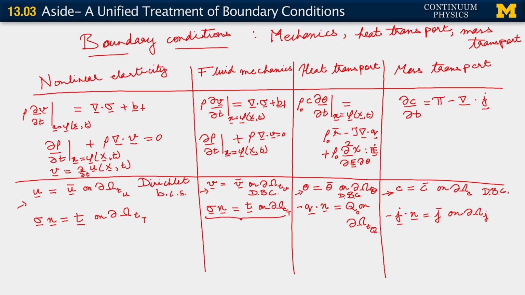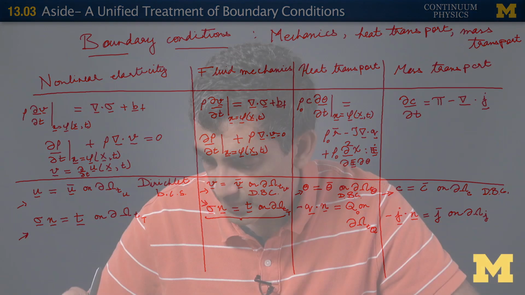And then we have a condition on a variable that is obtained through a constitutive relation involving the primary variable. So in the case of mechanics, whether it's nonlinear elasticity or fluid mechanics, we have a condition on the stress, and we've seen that the stress is obtained in both cases through a constitutive relation, by first taking the displacement for nonlinear elasticity, computing its gradient, going to the deformation gradient, going to other strains, and then relating the stress to those strains through a nonlinear strain energy function.